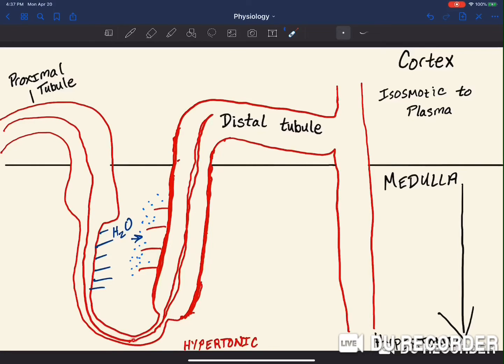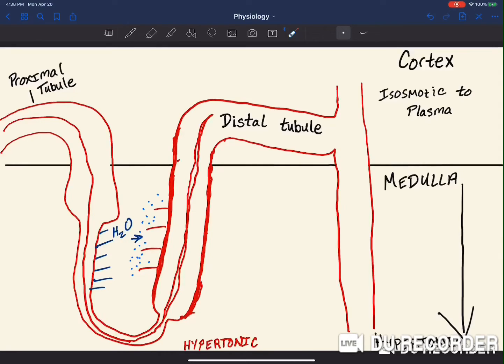So now we have really, really concentrated filtrate right here, but we don't want it to be that way. And so what happens is it pushes the sodium out. And again, that's how you see this kind of circular relationship that happens, right?